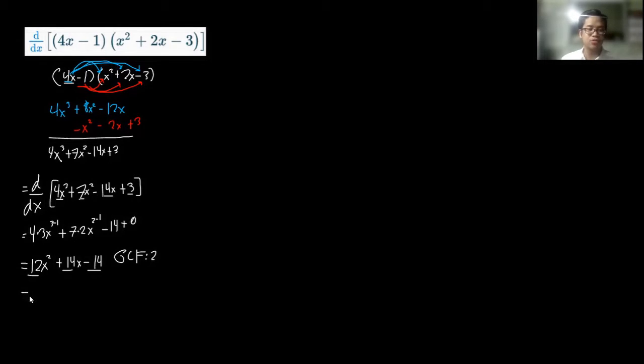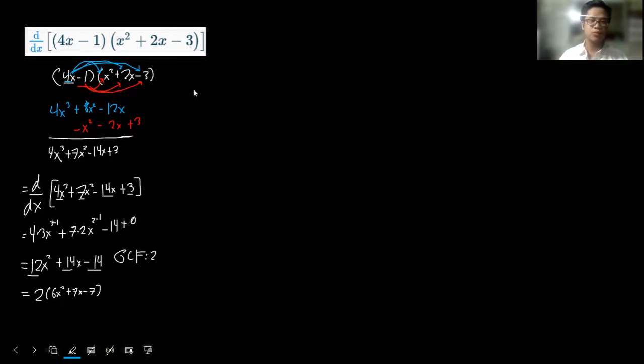So I can bring out 2 outside, so I will have 2 times 6x squared plus 7x minus 7. That's it. So that's the first technique here.